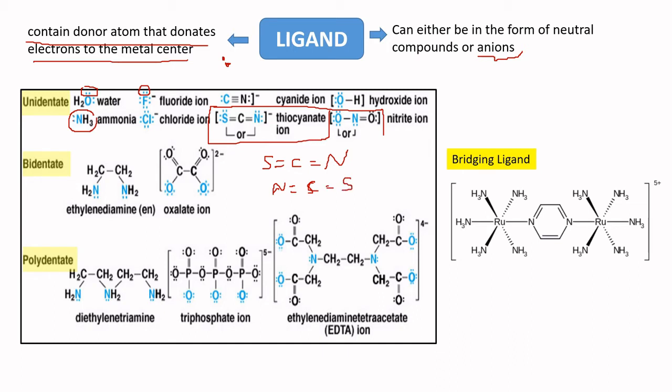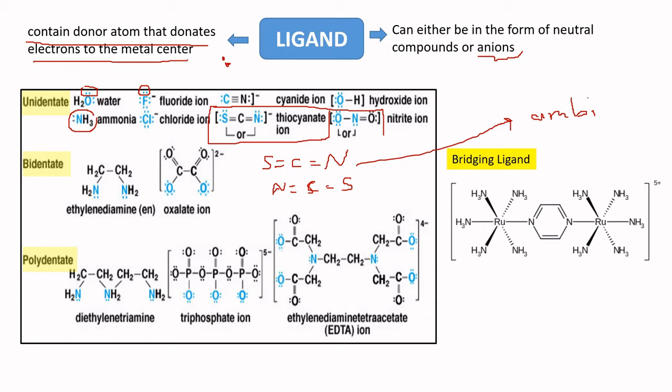It belongs to the unidentate group, but it has its own name, which is ambidentate. Why is it called ambidentate? Because it can either form a coordinate covalent bond with the sulfur, or it can also form one with the nitrogen. But it will only give you one at one time. For example, if it is connected to the sulfur, it cannot be connected to the nitrogen anymore.